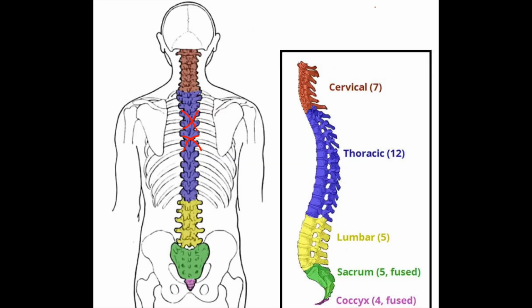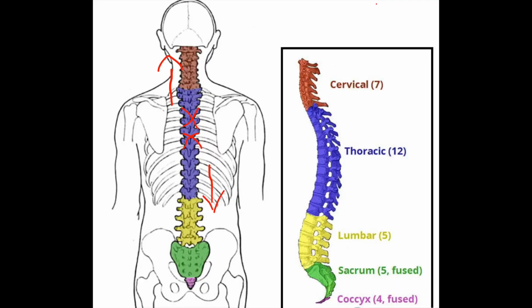So if a few sections of the thoracic vertebrae, the mid-back, become stiff and immobile, they become like the mummified midfielders. They're no longer working properly, and that means that the load or effort will likely either go up the spine to the cervical spine, the neck, or down the spine to the lower back, or sometimes both.